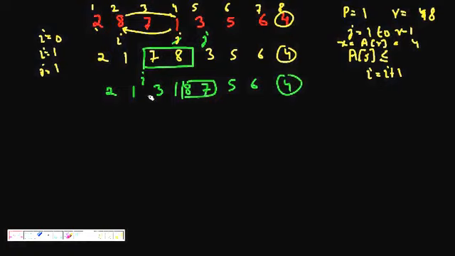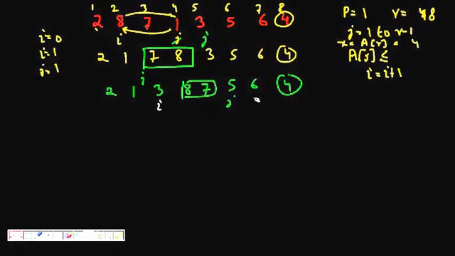Okay, so now we have 2, 1, 3, so this is correct, and we have something like 2, 1, 3, and now our J comes here. Okay, so let's see. Now J is here and I comes here.